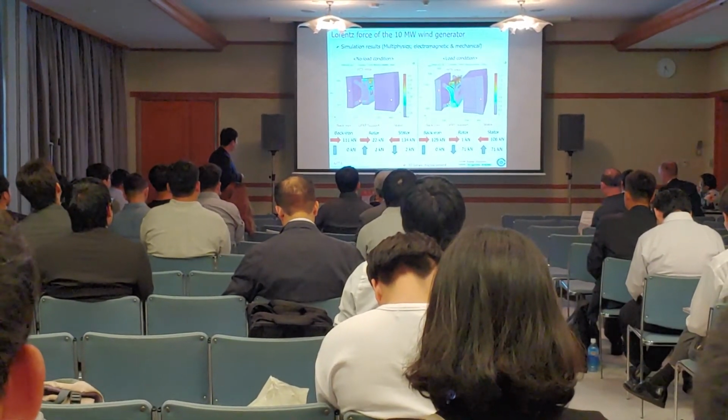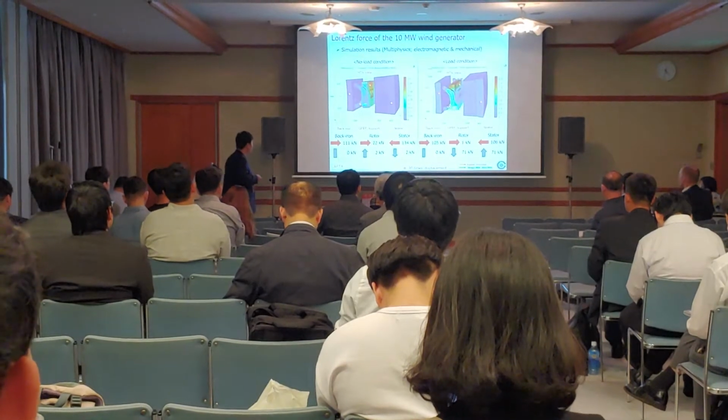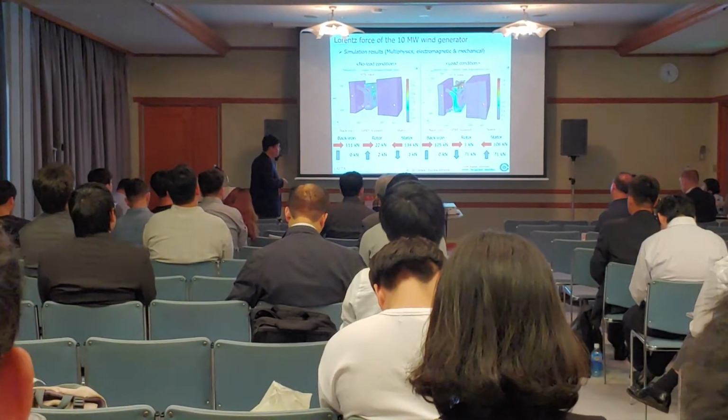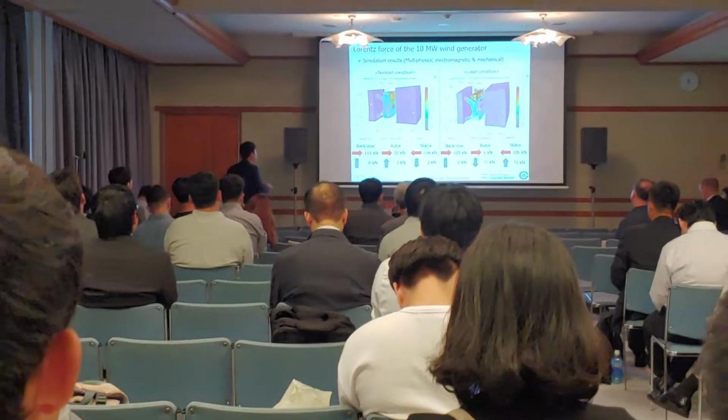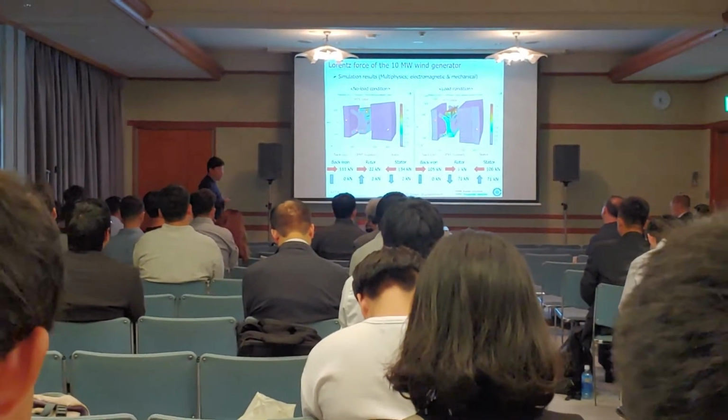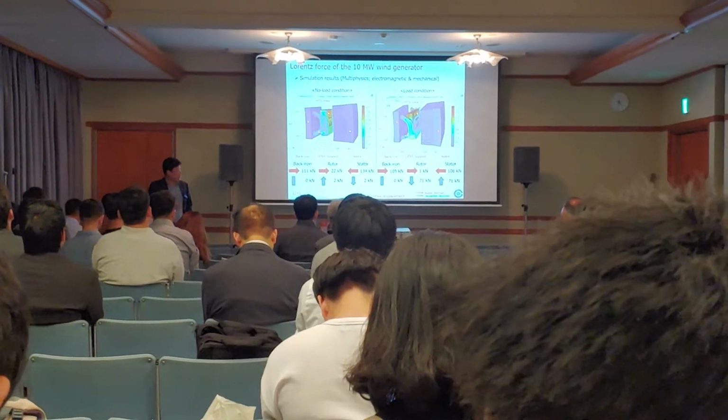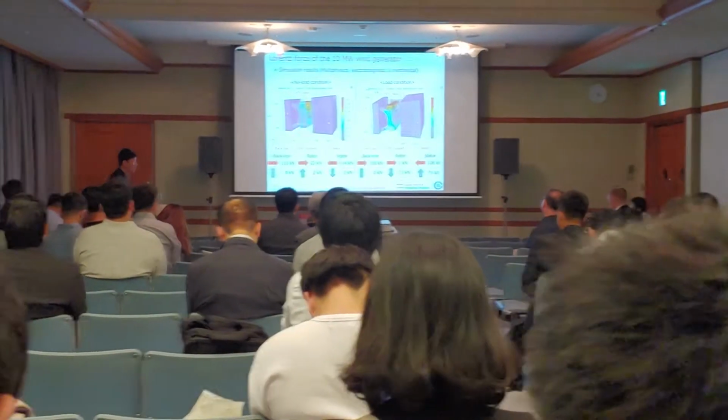However, you can see that in the tangential direction the force is more than 70 kilonewton, and the question is whether this support can support this ASSS coil or not. That is the main point.